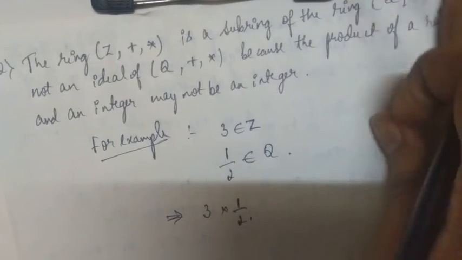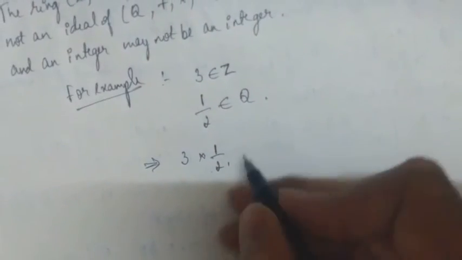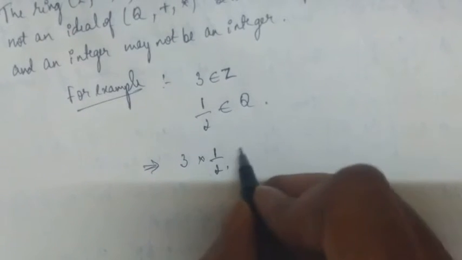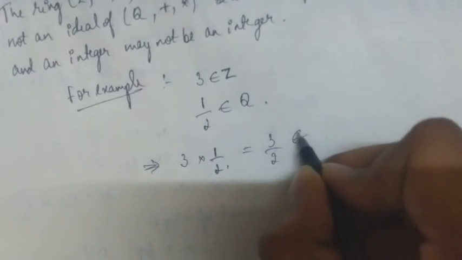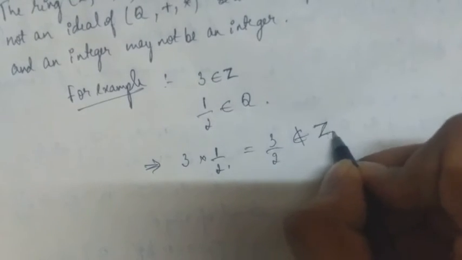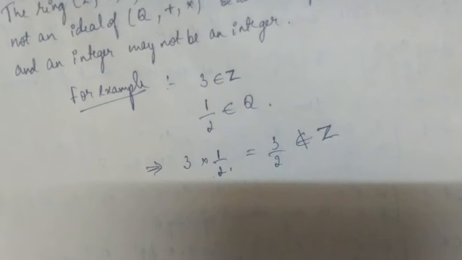If we apply the multiplication operation for these two, we can see it is 3 by 2, and it is not an integer. Yes, it is not an integer.